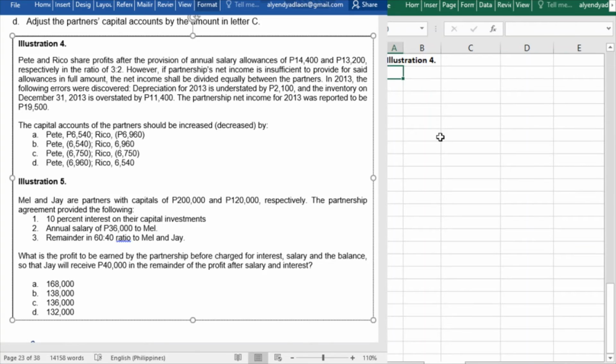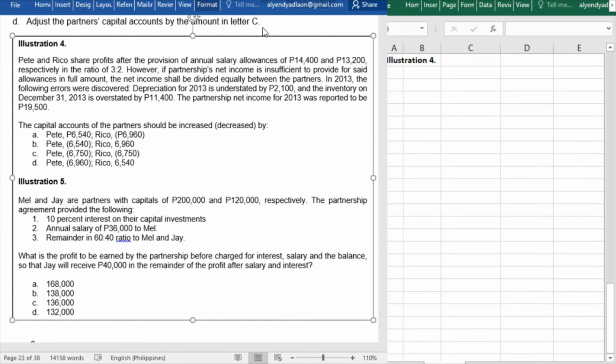In 2013, the following errors were discovered. Depreciation for 2013 is understated by 2,100, and the inventory on December 31, 2013 is overstated by 11,400. The partnership net income for 2013 was reported to be 19,500. The capital accounts of the partners should be increased or decreased by?